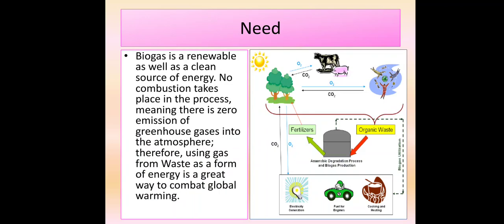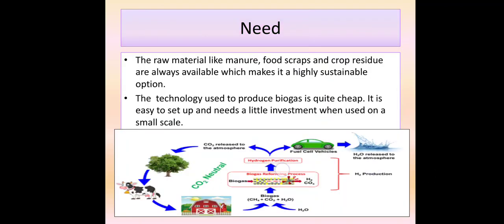Need. Biogas is a renewable as well as a clean source of energy. No combustion takes place in this process, meaning there is zero emission of greenhouse gases into the atmosphere. Therefore, using gas from waste as a form of energy is a great way to combat global warming.